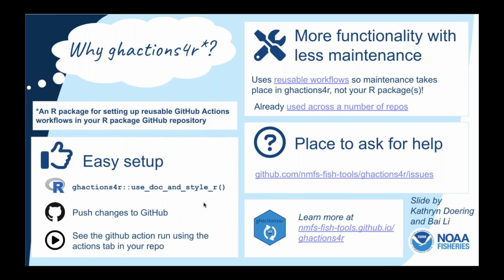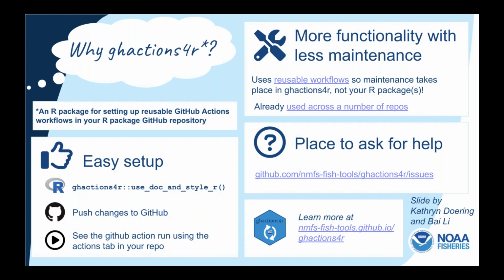Thanks. So another reason you might want to use GitHub Actions for R is we tried to provide easy setup. So we have functions like, for example, if you want to use the doc and style R GitHub action that I just highlighted, you could just type in this GitHub Actions for R use doc and style R. Within your R package that you've cloned locally, it'll create all of the files that you need to run the GitHub action.